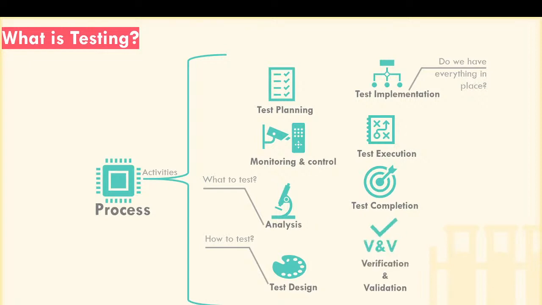Okay, then V and V. So what is V and V? V and V is verification and validation. This is the most important phase in most companies. In this phase, they test their software. So I'll tell you what verification is.